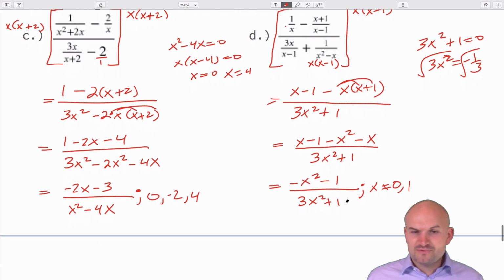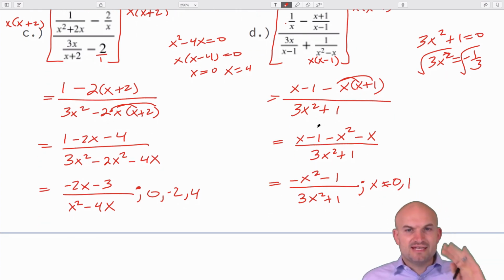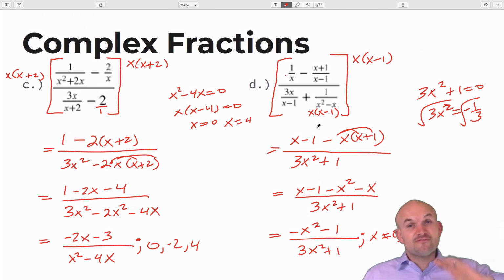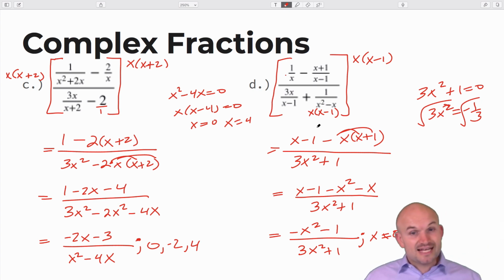So hopefully that helps you out, now that we looked at complex fractions first in the first lesson with operations and simplifying, and now in the last lesson with solving, where we multiply by the LCD. That's really where it comes down to for solving these: simplifying these expressions so you don't have as many fractions.